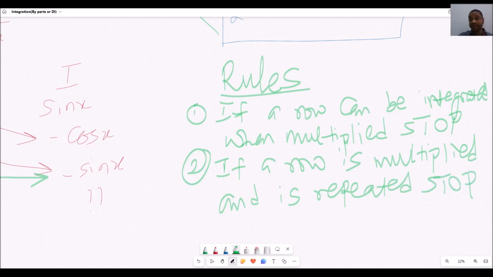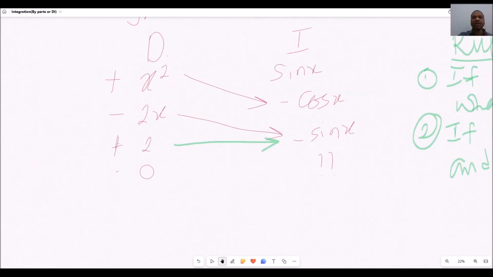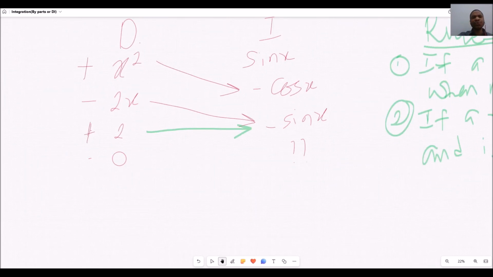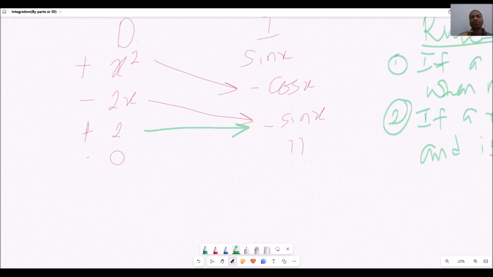I will do examples for both. So for this question we're using number one. If I multiply the row and I can easily integrate it, then I should stop.